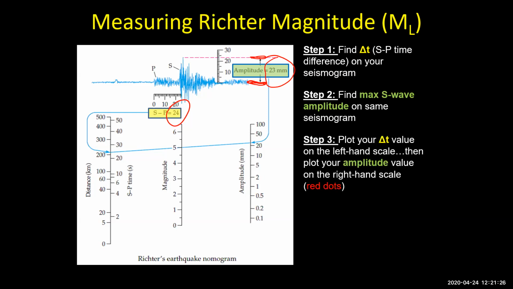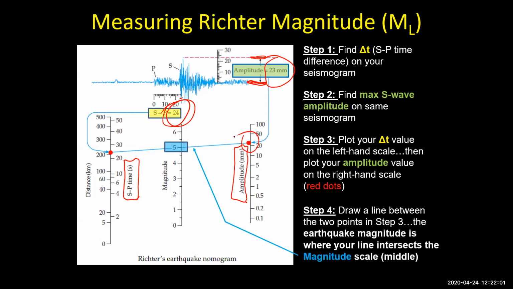Step three then is to plot the delta T value on the left-hand scale. That's the delta T scale. And amplitude is going to be plotted on the right-hand scale. And in this example, we're going to do this using red dots. So there's the point on the delta T, the S minus P time difference scale, corresponding to 24 seconds. There's the point on the amplitude scale corresponding to 23 millimeters.